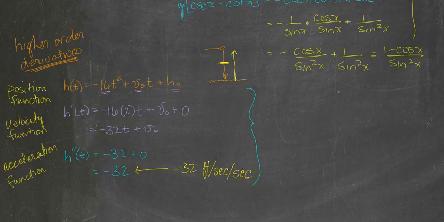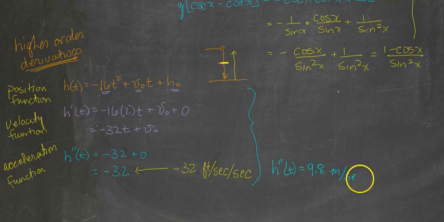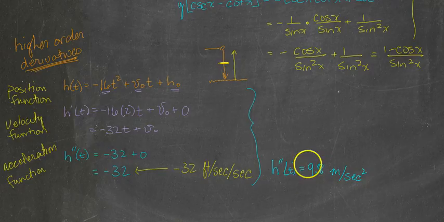Different units lead to a different function, but only as the force of gravity. So in this case, the h double prime of t would be 9.8 meters per second squared. And newtons is another force. There are different constants for gravity depending on which units you're working in.